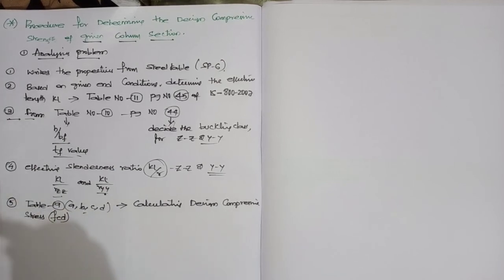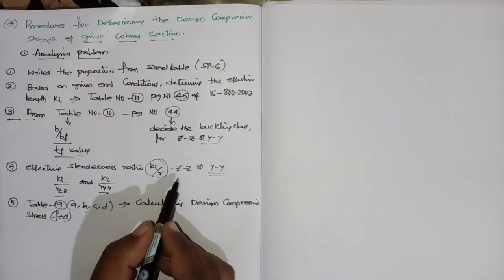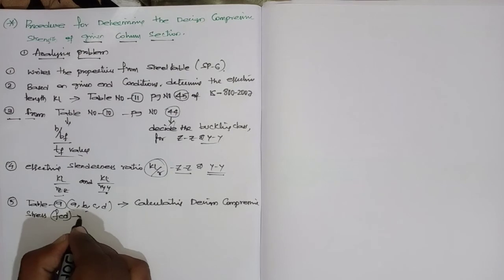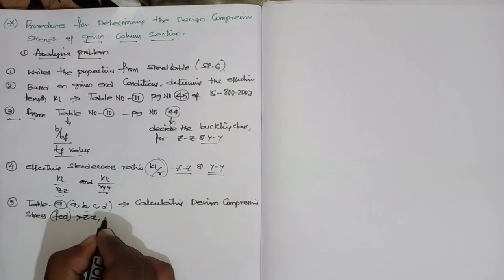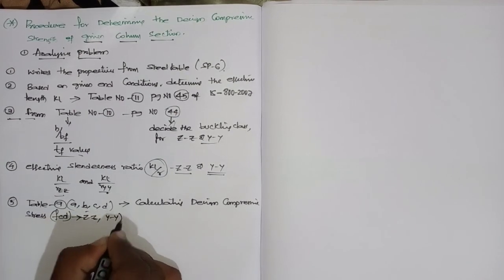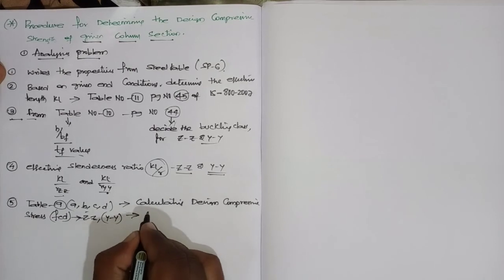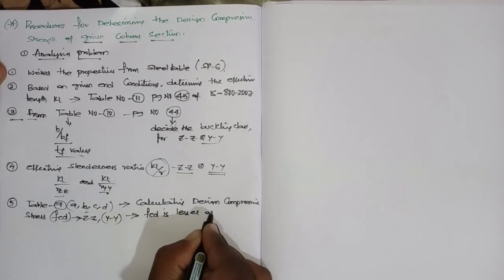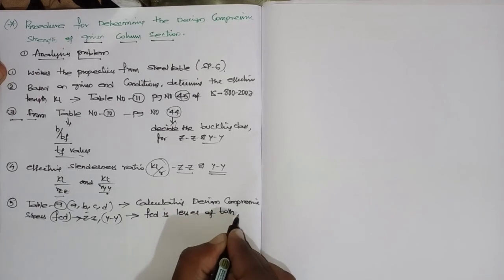As we are going for an analysis problem, you will have one fcd about the ZZ axis and one fcd about the YY axis. So the final fcd is the lesser of both axes.